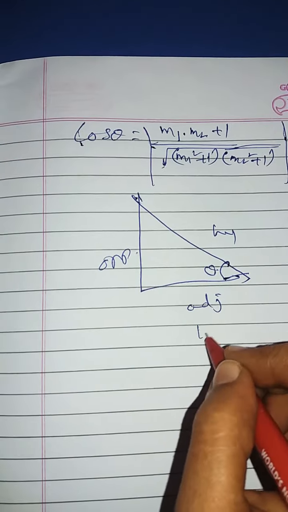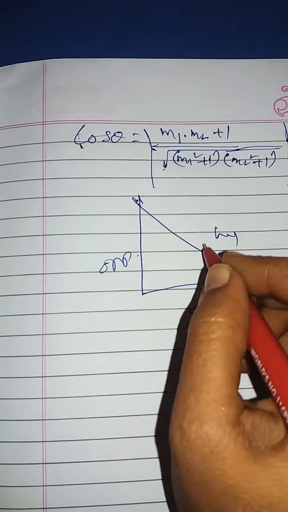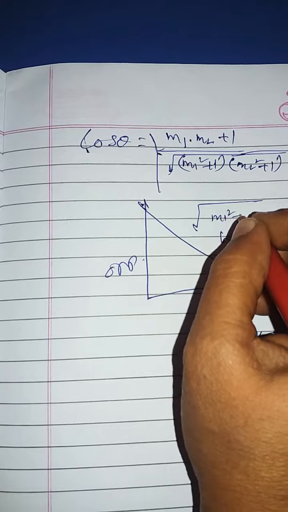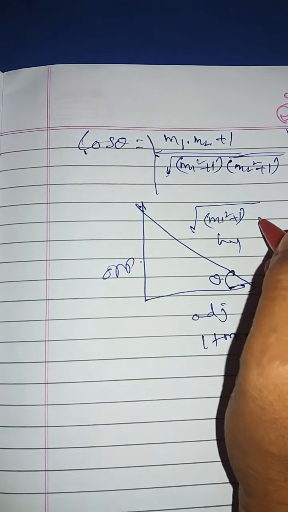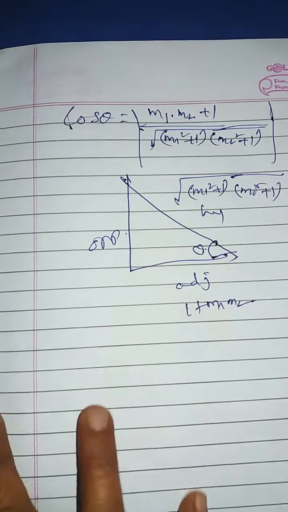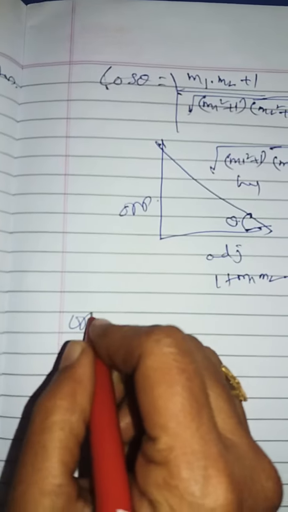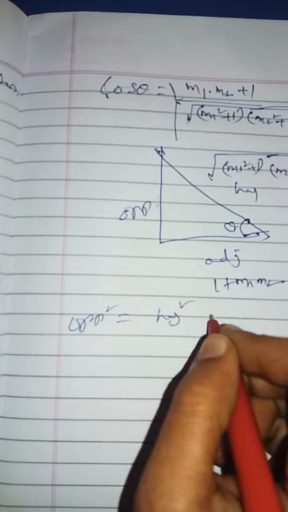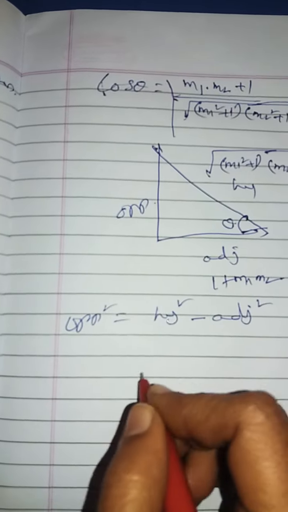Adjacent is 1 plus m1 m2. Hypotenuse is root of m1 square plus 1 into m2 square plus 1. This is hypotenuse. Now we want opposite. So what is opposite square? Hypotenuse square minus adjacent square.